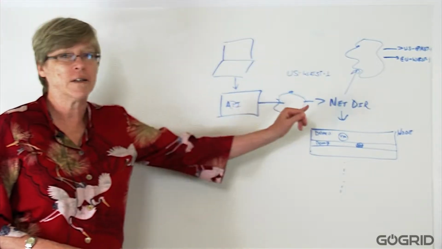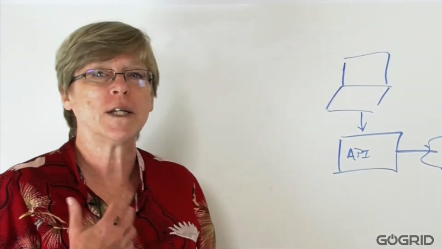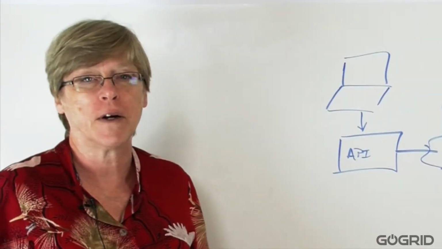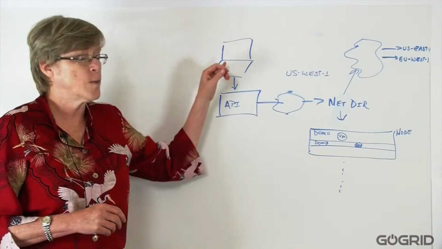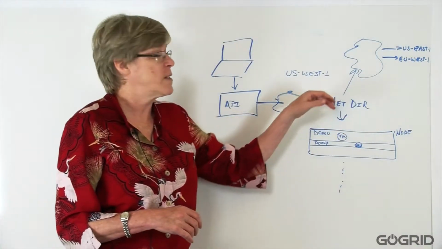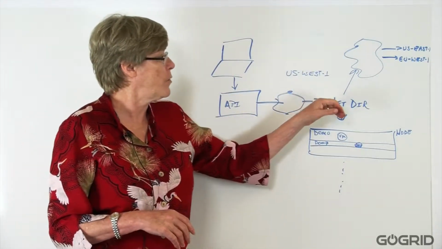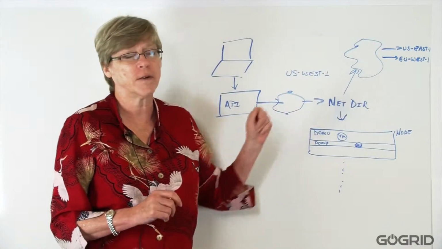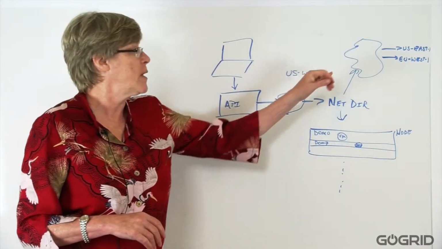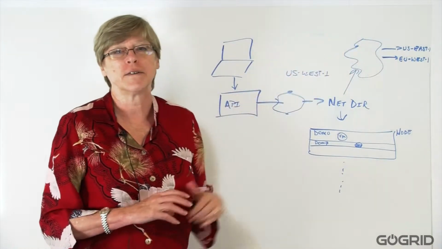And that request is sent to our net director, which is responsible for coordinating the instantiation of the firewalls. The customer portal also goes through our APIs, and the net director receives the request. The net director then sets the information in its local database and synchronizes the data across the net directors running in our other data centers.